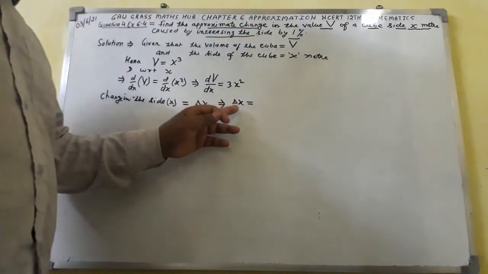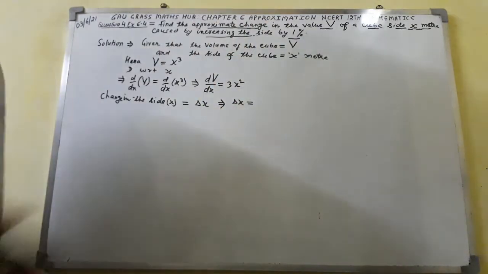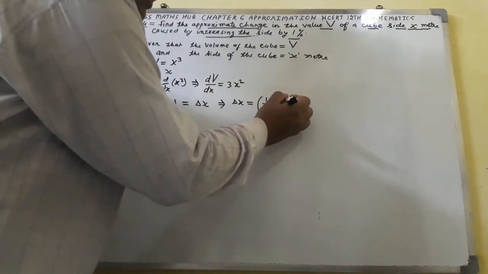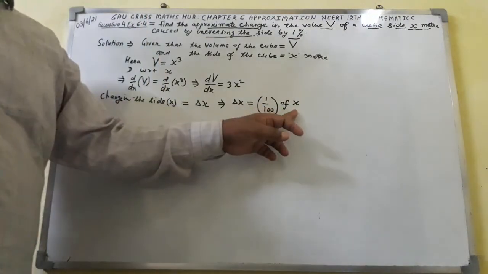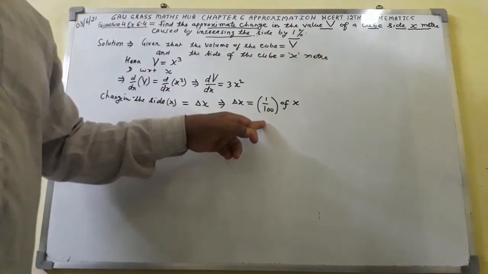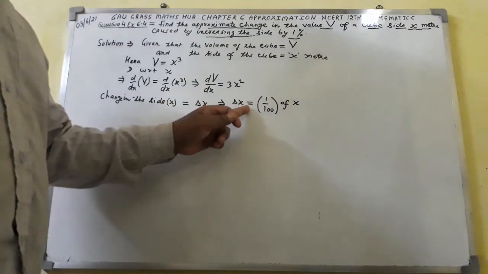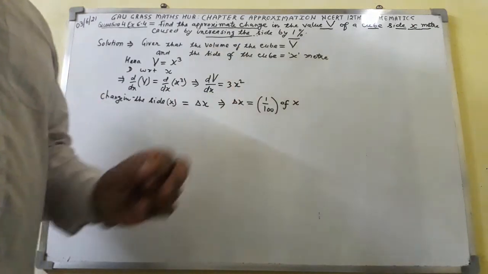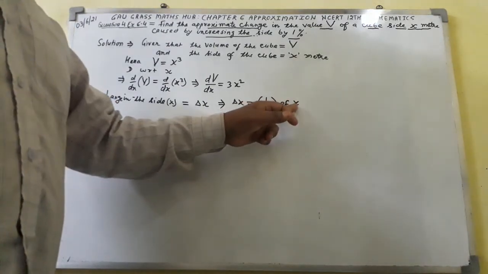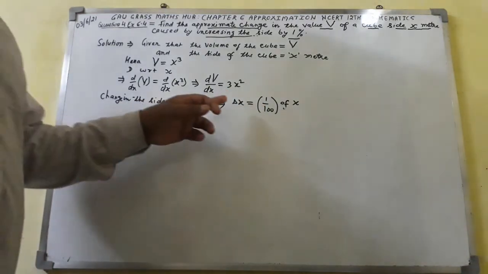This means delta x comes out to be 1%. 1% means 1/100 of what? Of the side, of x. x meter is the side, so 1% of x. 1% means 1/100, sorry, 1/100. Delta x is equal to 1/100 of x, where x is the side of the cube. 1% of the side of the cube, 1% means 1/100. That will be delta x.